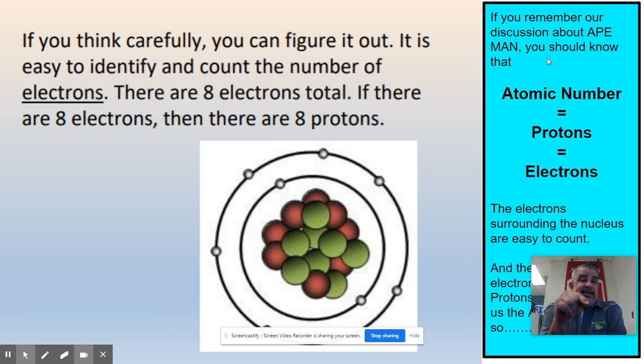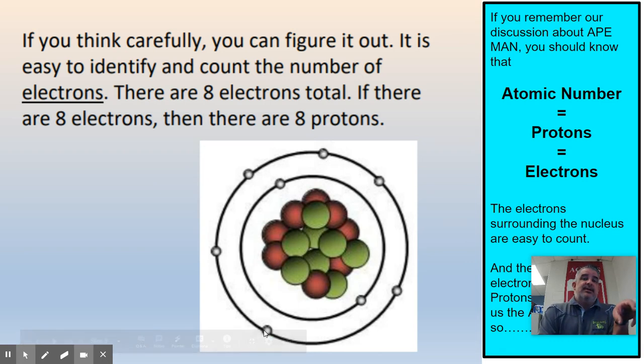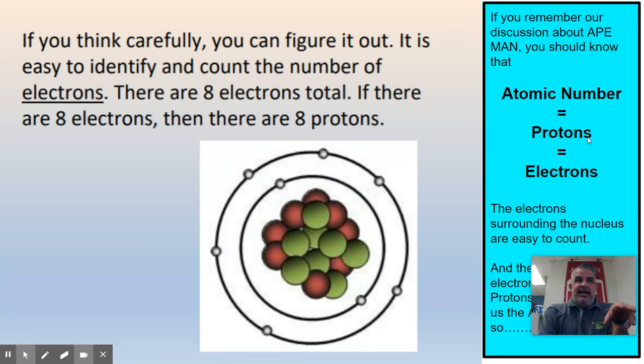Now, we can easily identify the electrons in this drawing. They're the ones that are outside the nucleus, okay? So they are right here, 1, 2, 3, 4, 5, 6, 7, 8. So there are 8 electrons. And if this number right here is 8, then that means this number has to be 8, which means this number has to be 8, okay?